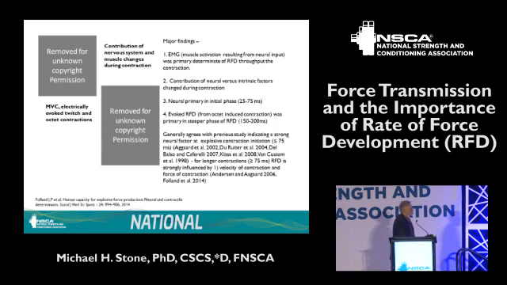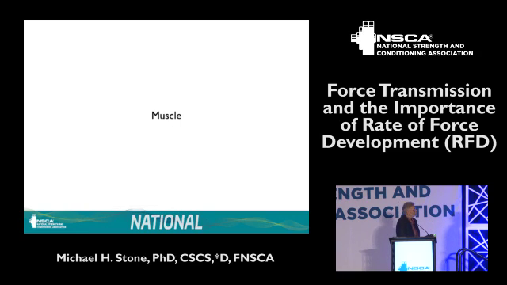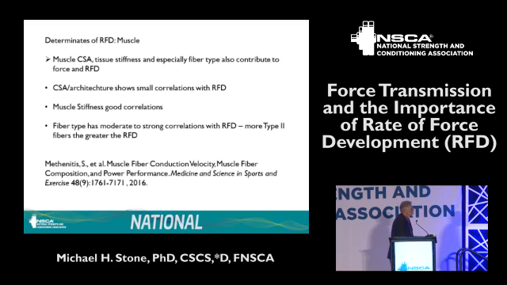So let's talk a little bit about the muscle. Now, we know that in terms of rate of force development, the cross-sectional area, that is the total cross-sectional area of the muscle, the tissue stiffness, and particularly the fiber type are quite important. And as we'll see, the architecture has some influence on rate of force development.